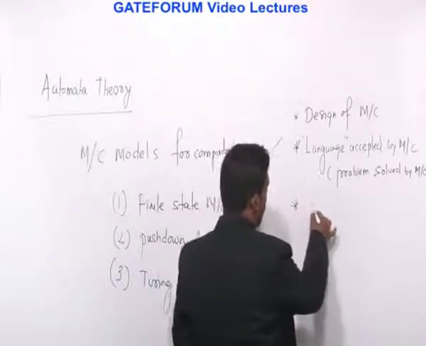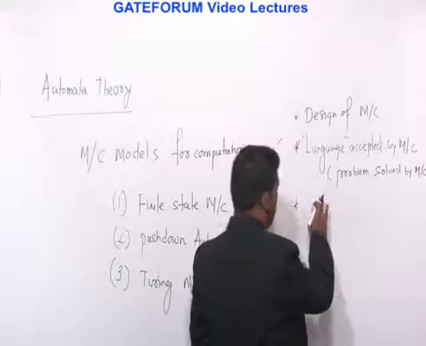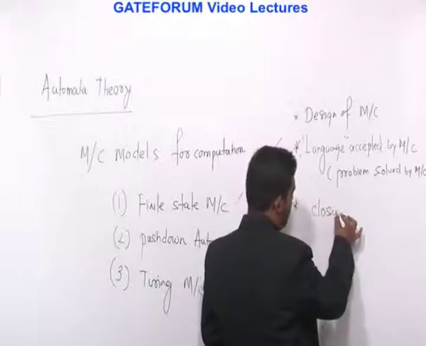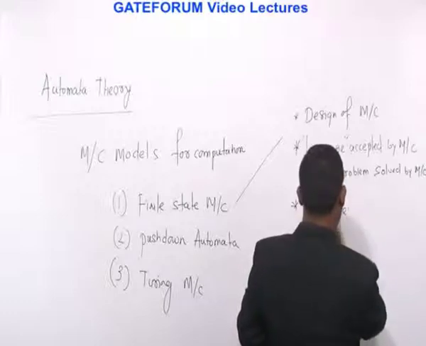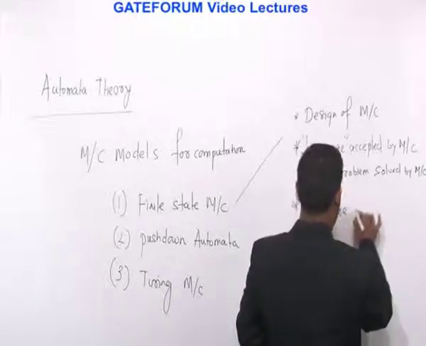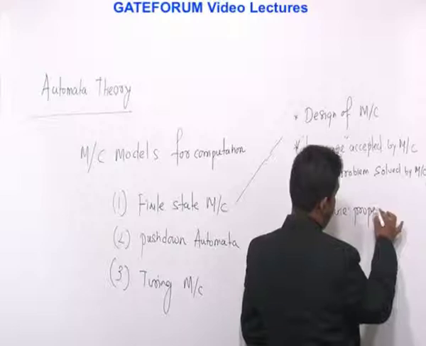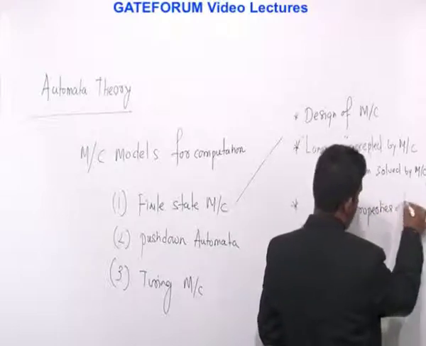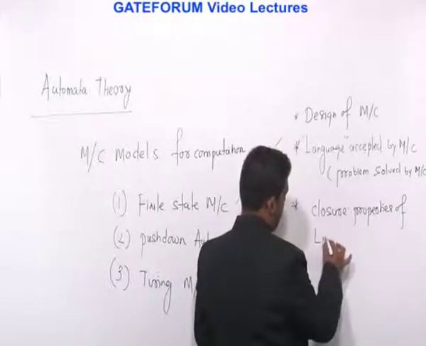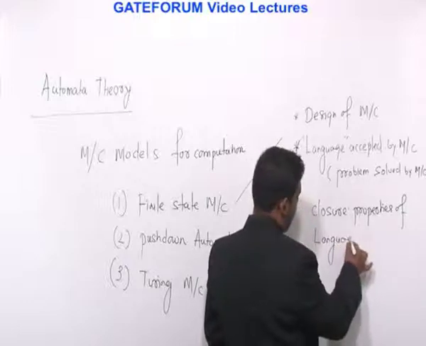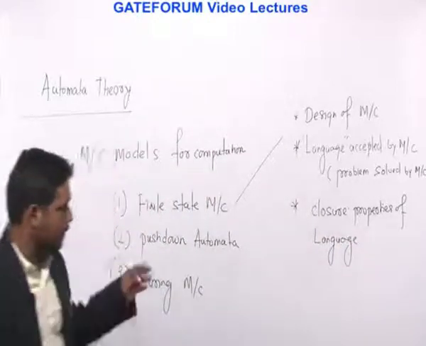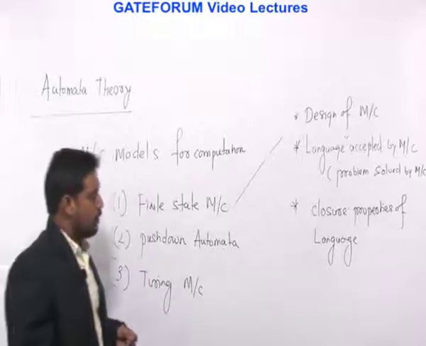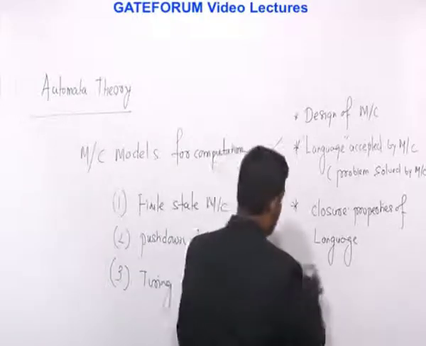Then we talk about closure properties of language for each machine. Again, it's a new term. I'll explain what a closure property is. It's an introductory part, and after a while we'll come to it.